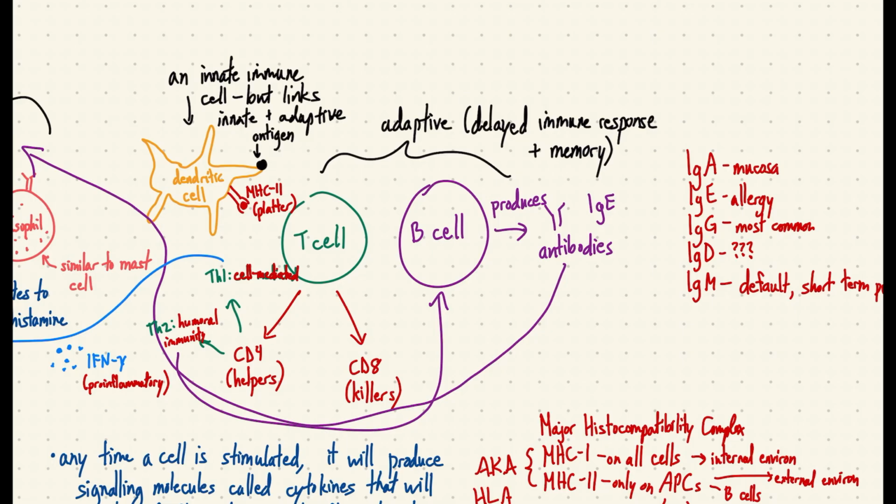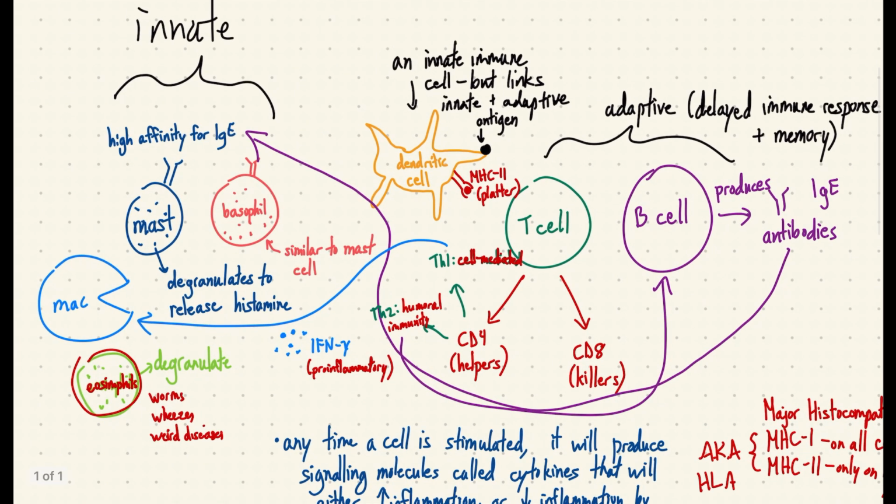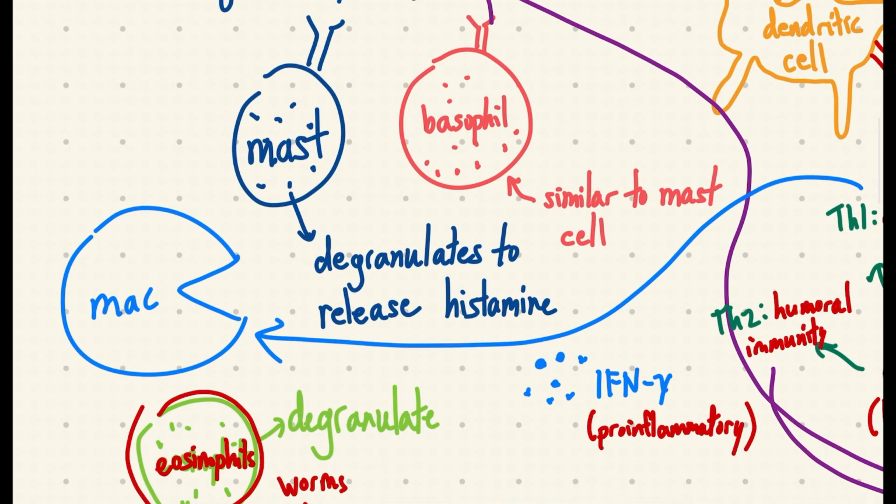This is why people get sick less frequently as they get older: by the time the infection has started, your immune system is already ready for it. When your adaptive immune system kicks in, that's when you start to really feel the symptoms. You're starting to feel real crappy. Anyway.